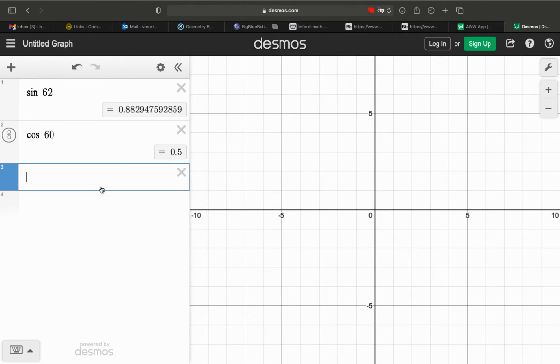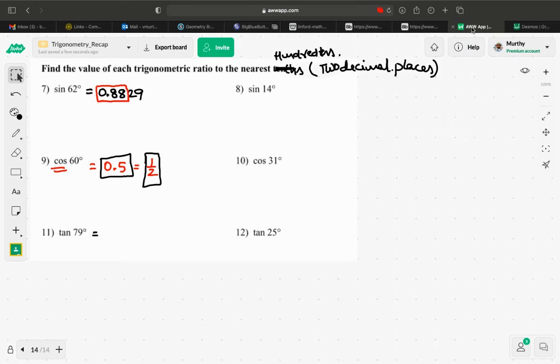Okay, let me take sine 14. Okay, this is how we have to compute. So let me go to my whiteboard. Sine 14 is 0.241. As I told you before, after the decimal, just 2 places are enough. If you want, you can take a third or fourth place if you want a more precise value.